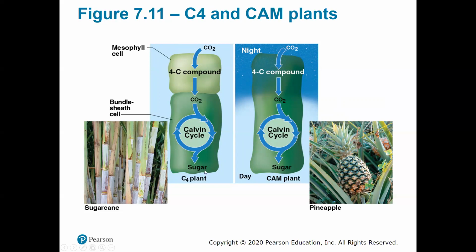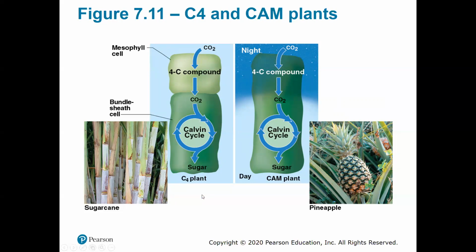And then you have the bundle sheath cells, and their only job is to undergo the Calvin cycle. It is a partition of space in C4 plants. They have separated jobs into different spaces.